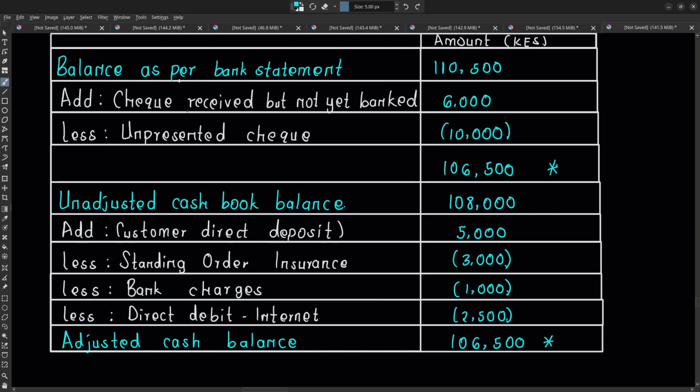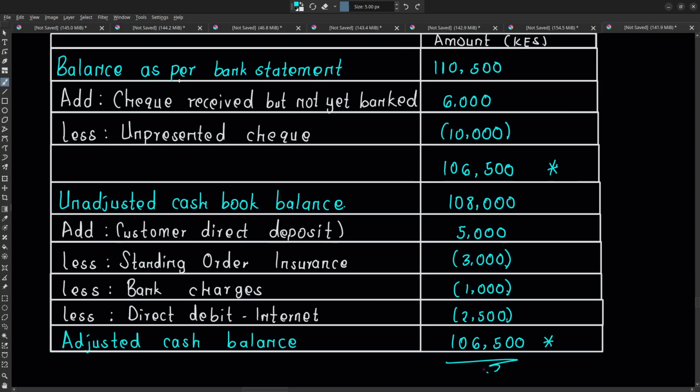But we were looking at the financials on our end. As at 30th April 2026, we need to have a true representation of the cash balance, which is 106,500. The bank will continue with their business normally, but ours is to ensure that we have presented our cash balance as at 30th April 2026 correctly.